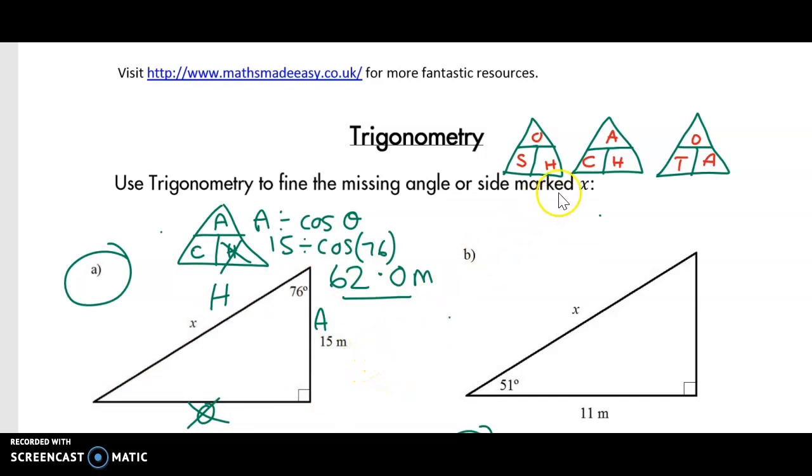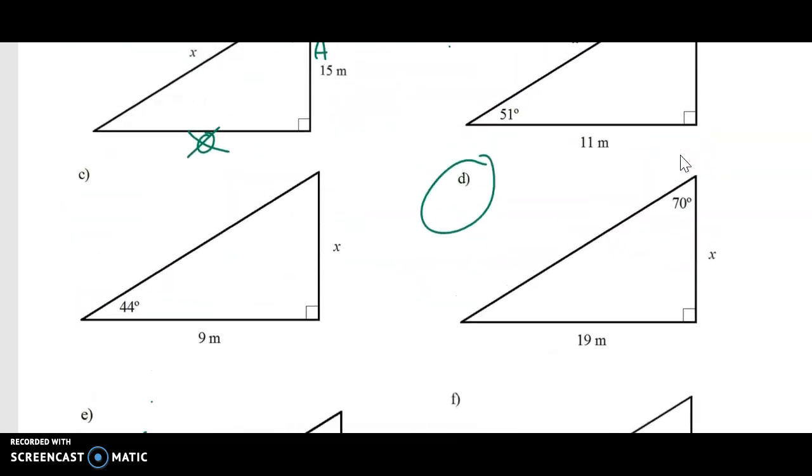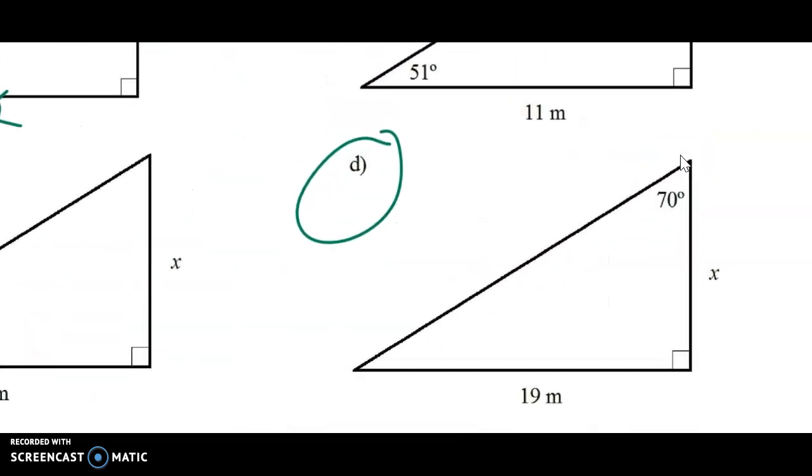Okay. All right, so having a look at these, make sure you've got these three triangles drawn down. These are the thing that you've got to remember. I want you to now have a go at this question here, question D. So let me talk you through the steps. Label up the sides. Cross out the one that you don't need.